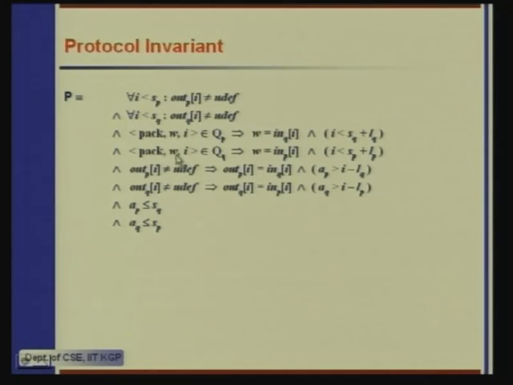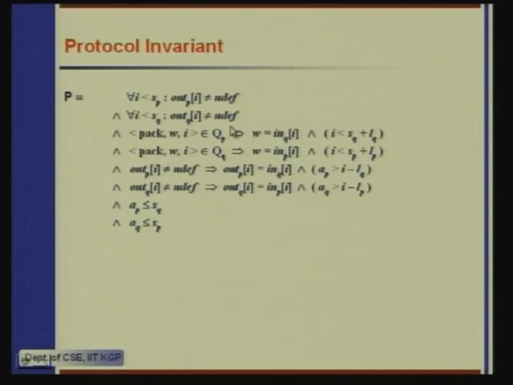When we receive pack Wi, we update out pi to W, right. Now, the previous thing says that pack Wi can be in QP if and only if W is in qy, yes, W is in qy, okay. So, then that W is what we are copying here. So, out pi is equal to in qy.